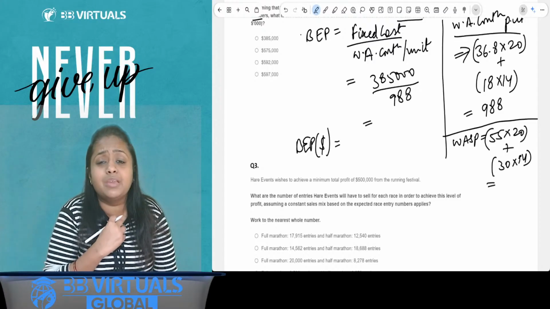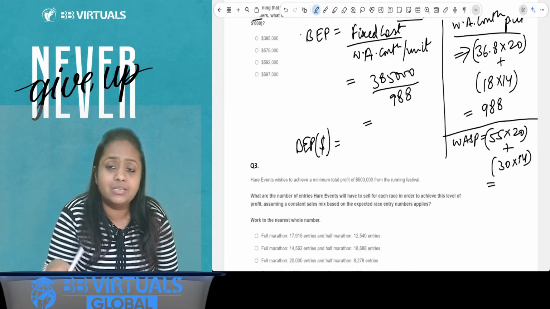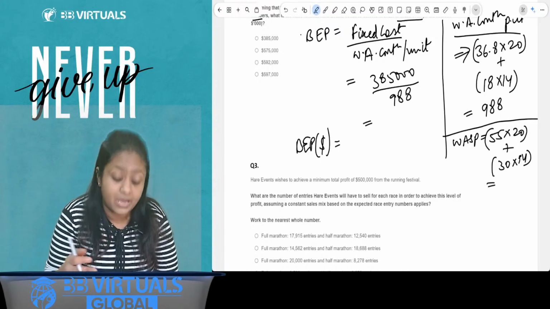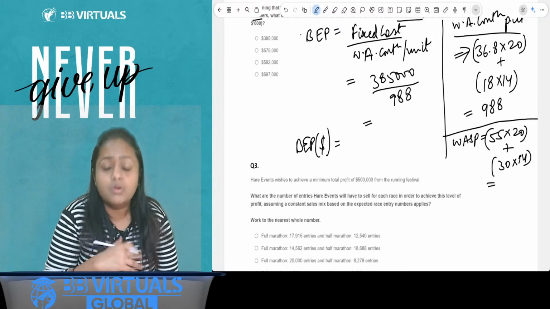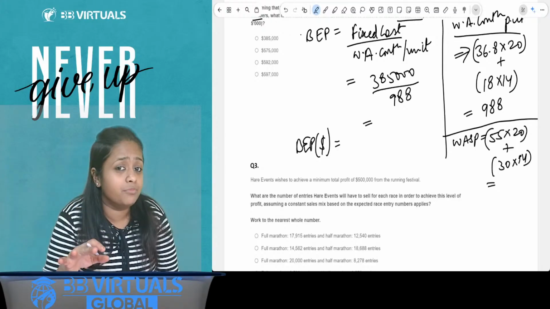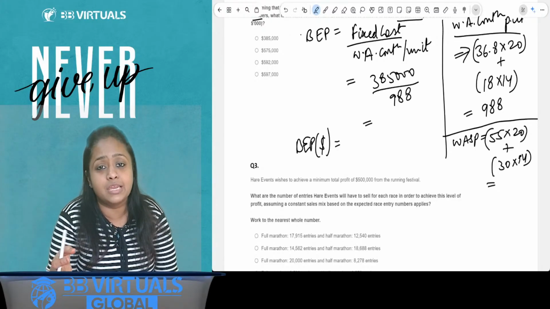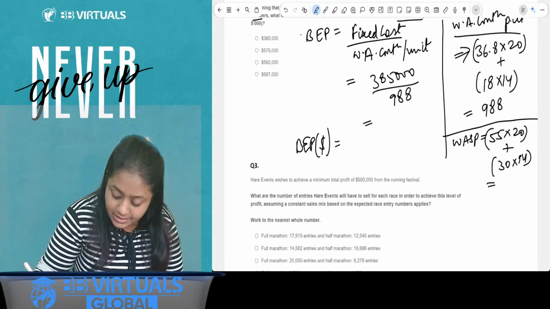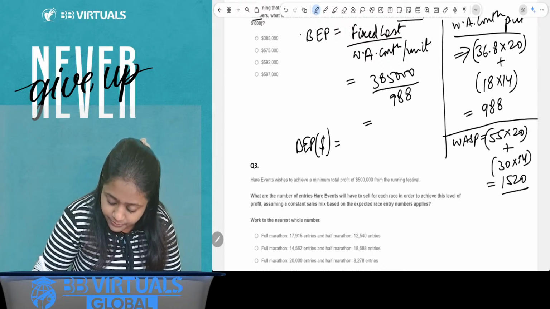So Revati and others, just understand that. Sometimes I've done the calculation like this, and then I realize that I want the answer in revenue. No worries. You have the number of units multiplied with weighted average selling price. That's all. So here I get 1520. Okay.